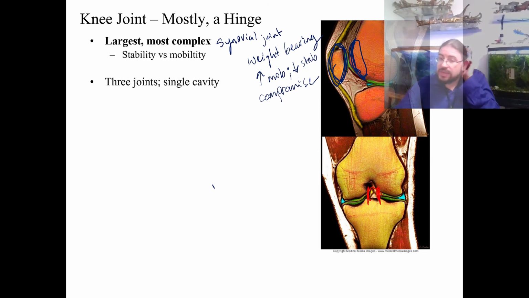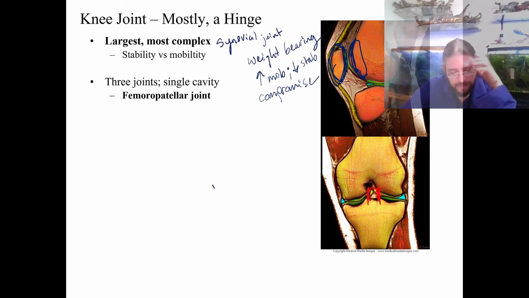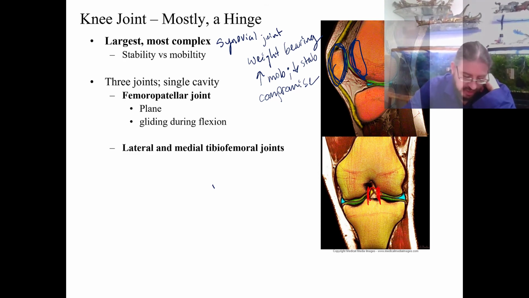And that's essentially where the femur kind of just doesn't come into contact with the tibia. So, femoropatellar joint, 1. It's a plane joint that does gliding during flexion. We already mentioned that. Not too terrible. Right? Then we have the lateral and medial tibiofemoral joints.